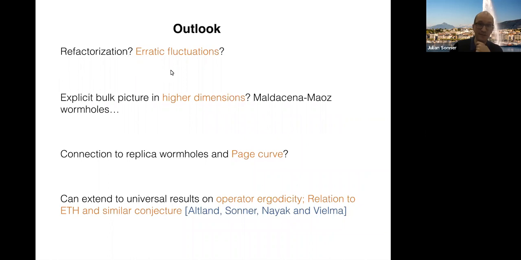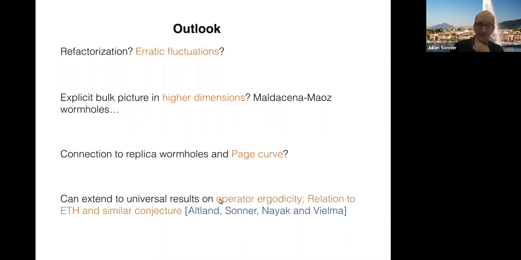Here is the comment about erratic fluctuations. This effective field theory applies in higher dimensions. How do you actually fish out the contributions in the high dimensional bulk? This is the discussion about a bulk path integral. Is there a connection to replica wormholes and the Page curve?